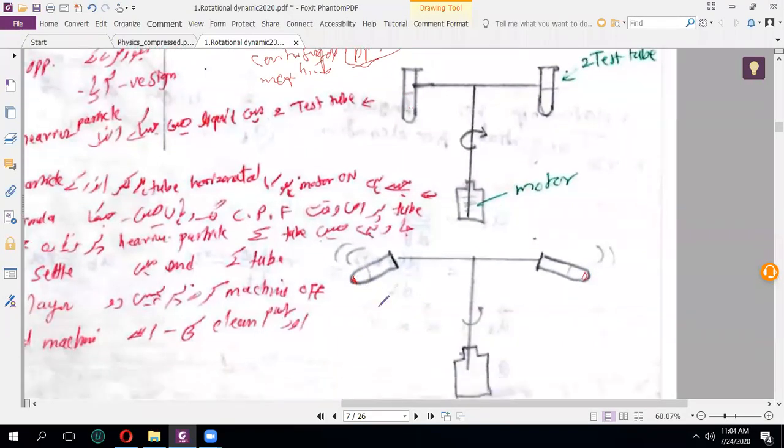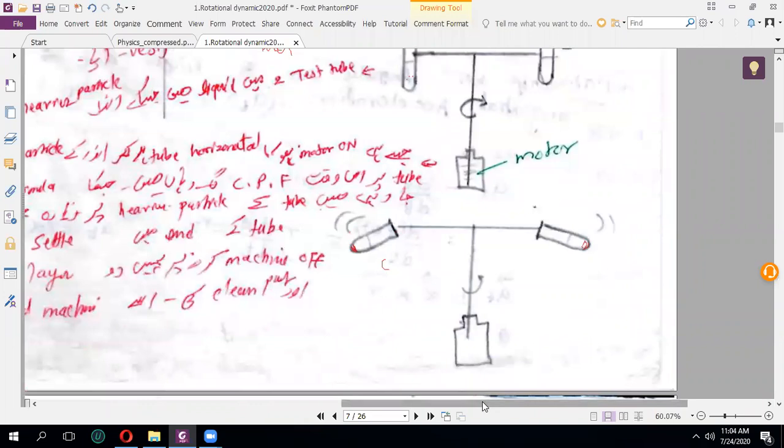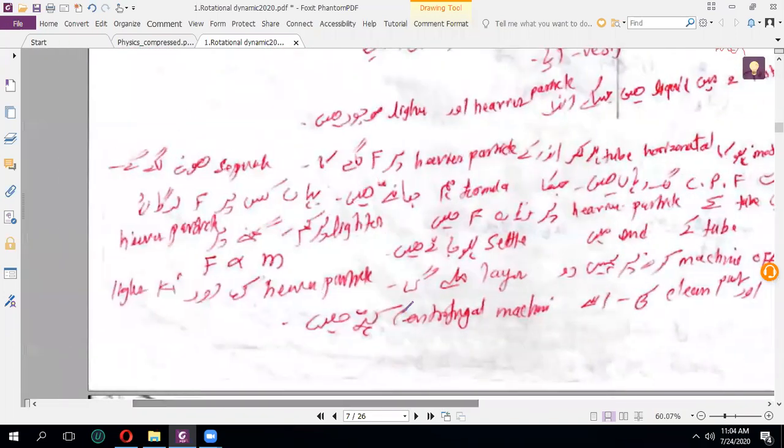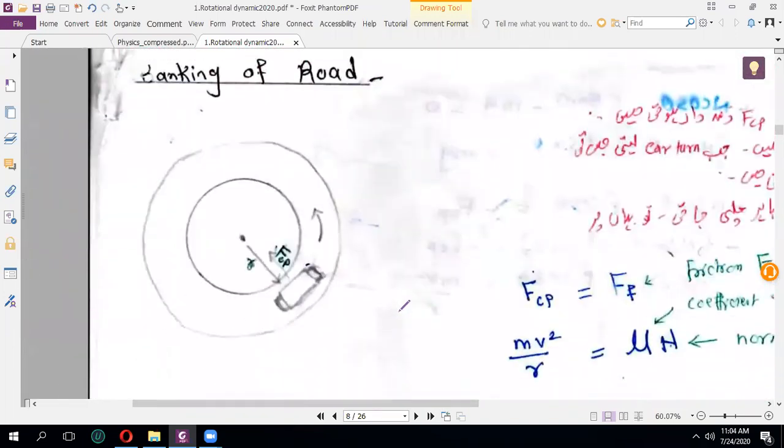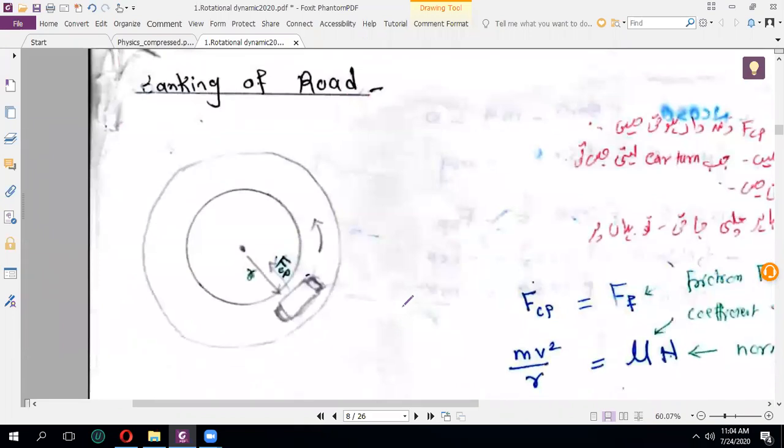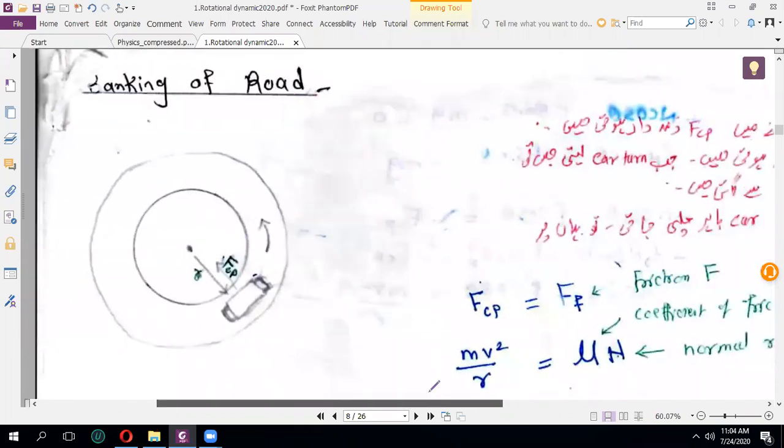When you stop the machine, what do you see? The whole particles in the liquid are settled at the bottom of the test tube. This is the way of centrifugal force. Always move away from the center. Correct? Without this machine, you cannot calculate precipitate. Okay, it is necessary.